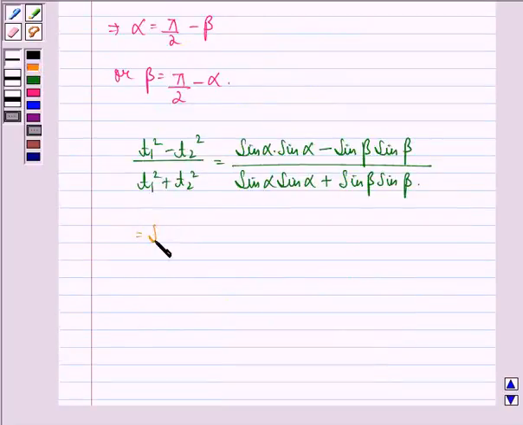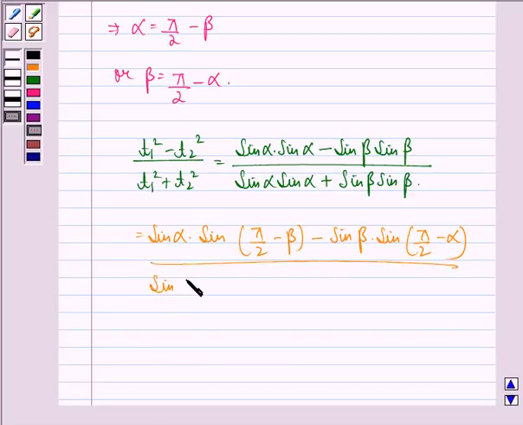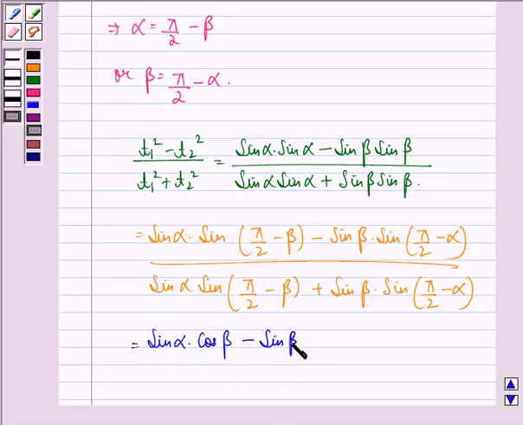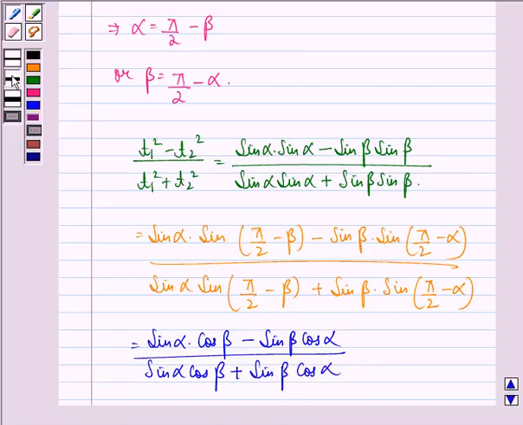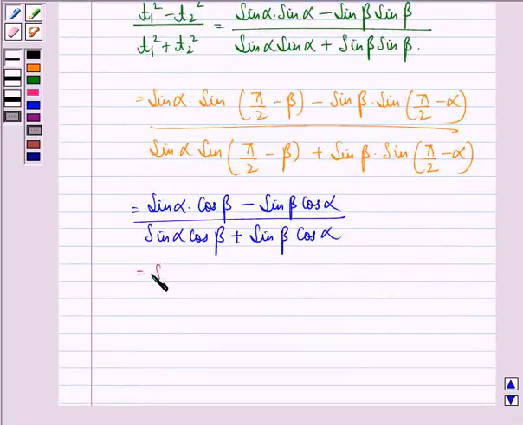This can be written further as (sine alpha into sine (pi by 2 minus beta) minus sine beta into sine (pi by 2 minus alpha)) divided by (sine alpha into sine (pi by 2 minus beta) plus sine beta into sine (pi by 2 minus alpha)), which is further equal to (sine alpha cos beta minus sine beta cos alpha) divided by (sine alpha cos beta plus sine beta cos alpha), and this is further equal to sine (alpha minus beta) divided by sine (alpha plus beta).